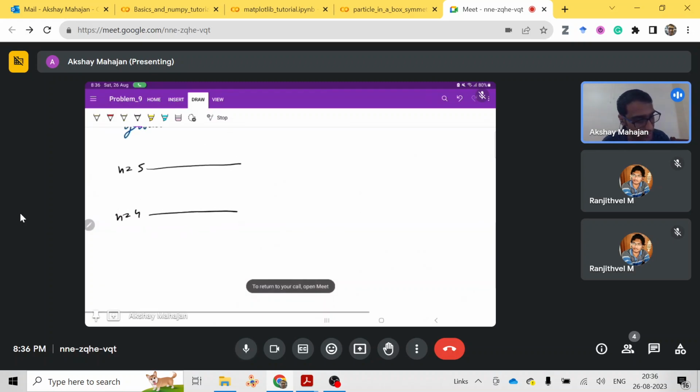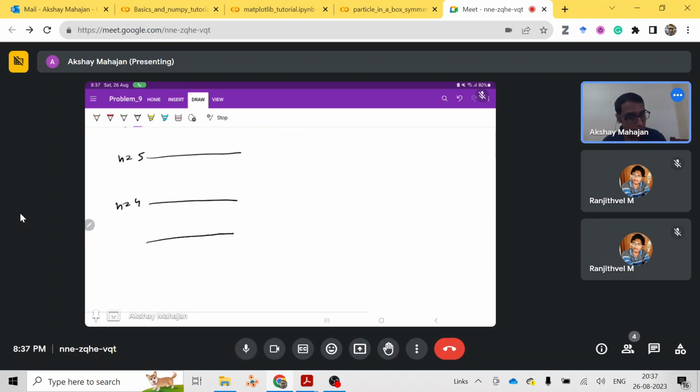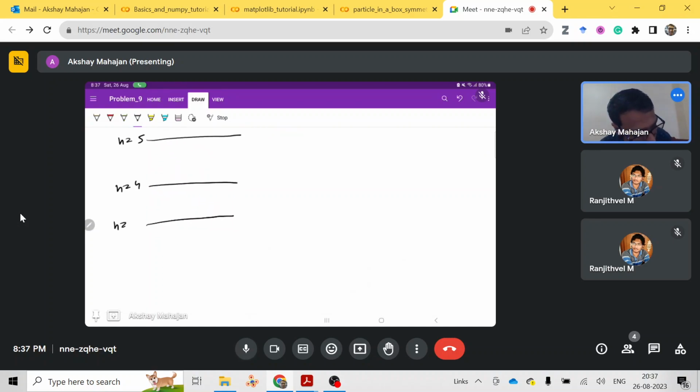We have n equals 5, n equals 4, then with a little less separation, n equals 3, a little smaller, n equals 2, and the smallest one, n equals 1. I will explain why I am not keeping the spacing equal, as we will see in this problem.